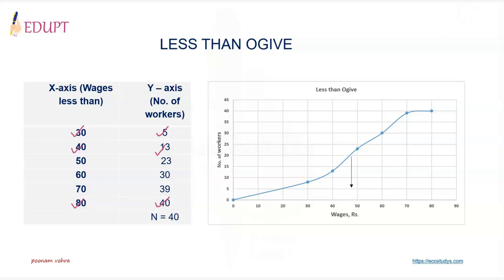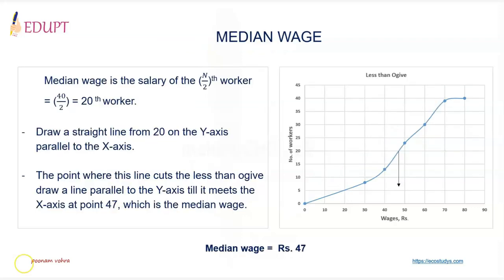As I just said, y-axis workers, x-axis wages. So first is 30 wages and number of workers is 5. So plot all the points and then join the points and you will get less than OGIVE curve which will be upward sloping.